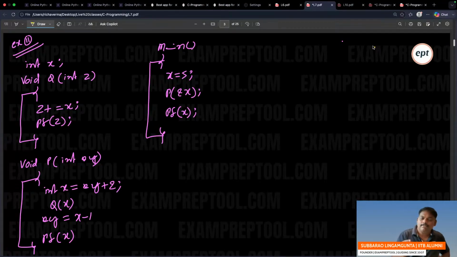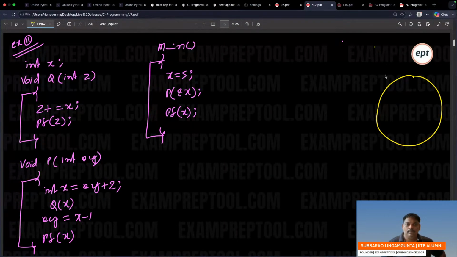Yeah, let me try the answer. Everyone listen, I'm trying this. Very interesting problem. Can you see this? Any global is there? Any static? No, static is not there. Only a global variable is there, x.